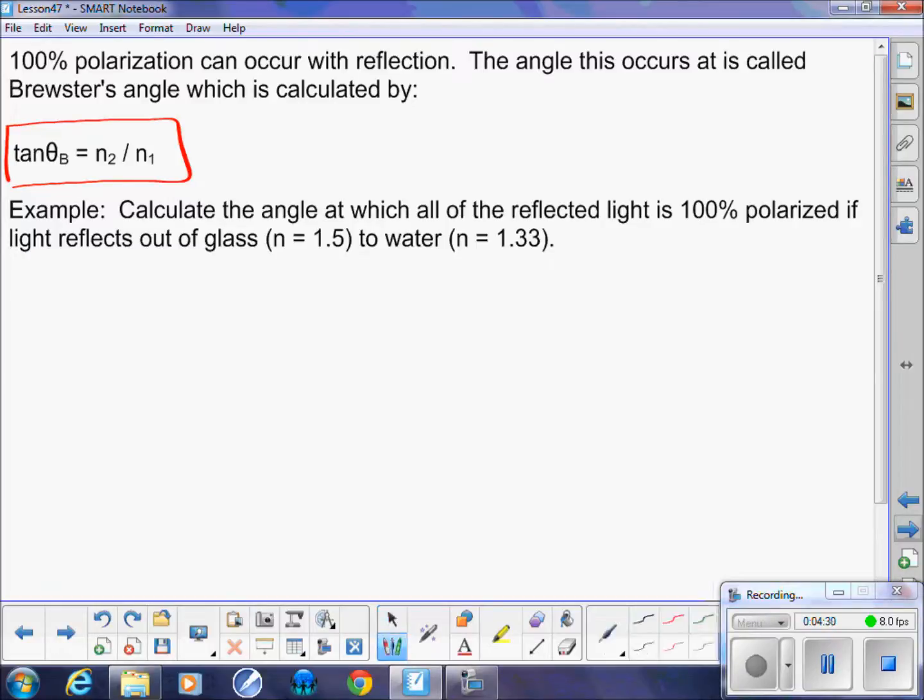So a quick example with this: calculate the angle at which all of the reflected light is 100% polarized, going from glass to water.